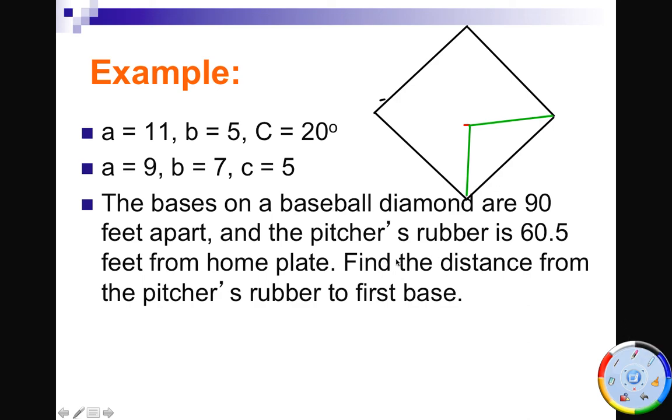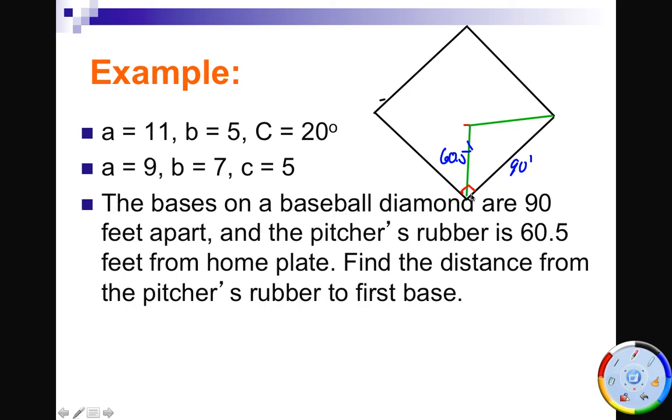So we're given that the distance from the pitcher's rubber to home plate is 60.5, and the bases are 90 feet apart. And then what you do need to know is, since the pitcher's mound is centered left and right, the home plate sits at a 90-degree angle.